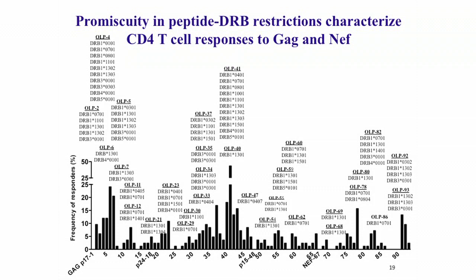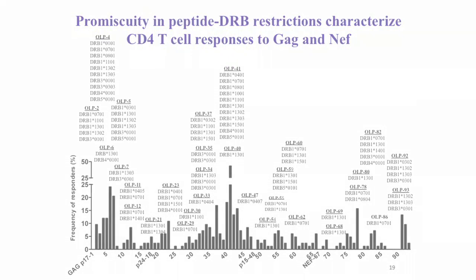This level of promiscuity has been described for other pathogens, but we also see it in HIV infection. So we were a little bit surprised, because on the one hand, we see this huge association between gag responses in controllers and envelope responses in progressors. But on the other hand, we see this big mess of different HLA class II restrictions that didn't seem to make much sense for there being any association between HLA-DR and control.